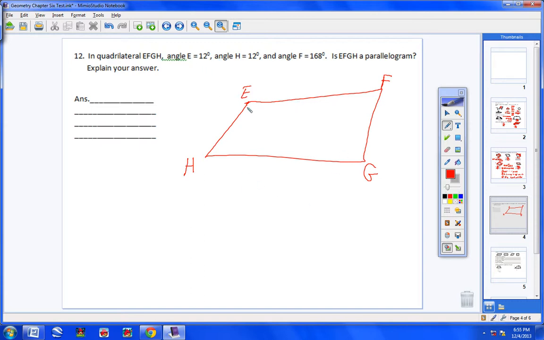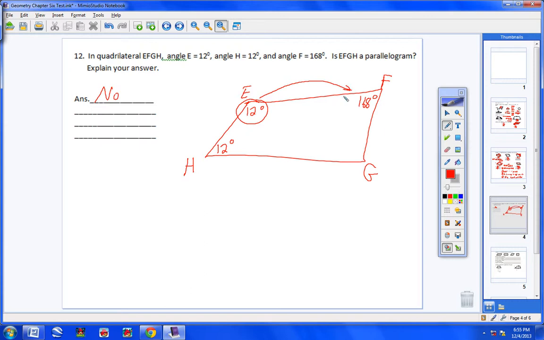Angle E is 12 degrees. There we go. Angle H is 12 degrees. There we go. Angle F is 168 degrees. There we go. Is this a parallelogram? No. There's no way. I mean, look, we just said if you want to prove that a quadrilateral is a parallelogram and you have 3 angles like this, then the middle angle must be supplementary to this angle.